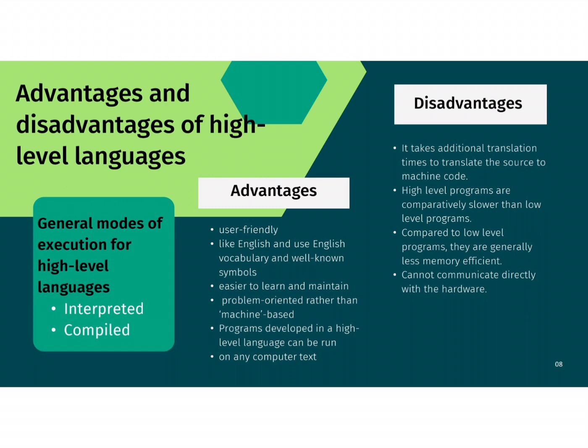And also they are generally less memory efficient, cannot directly communicate with the hardware, and will often require a middle person such as interpreters or compilers to communicate and translate the source to machine code. And these interpreters and compilers at times are the ones which actually cause the delay in translating the source to machine code.